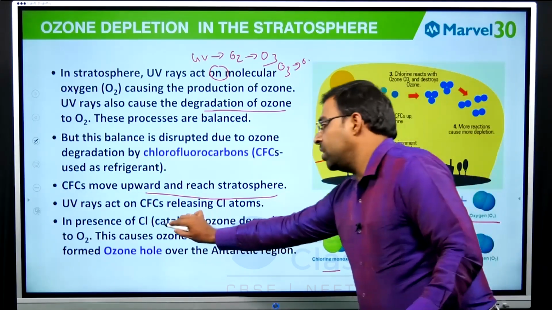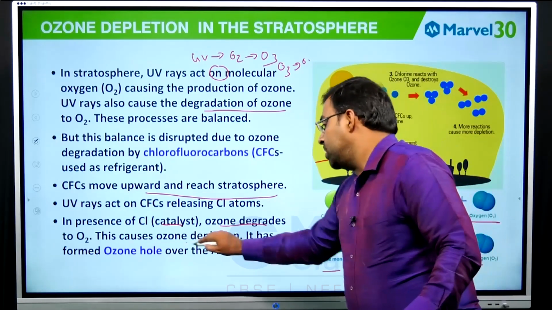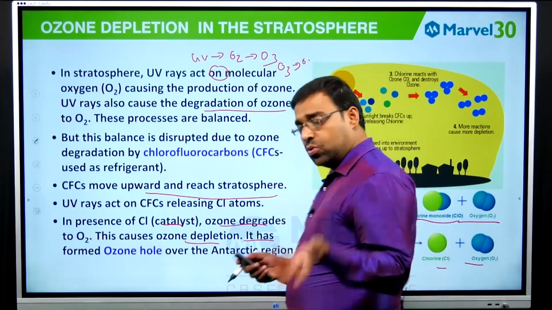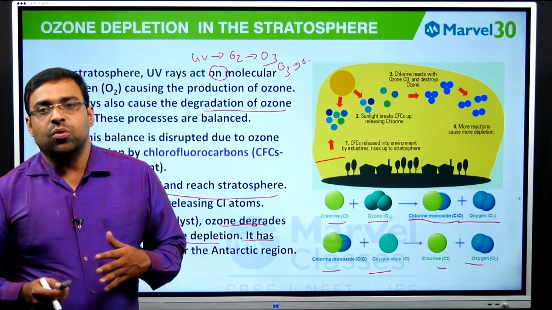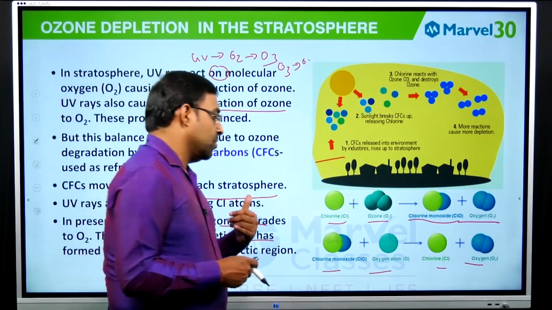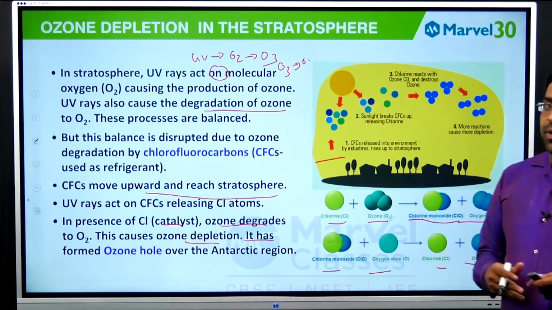In the presence of chlorine catalyst, ozone degrades to O2. This causes ozone depletion. It has formed an ozone hole over the Antarctic region. It has created an ozone hole actually. So CFC releases chlorine atoms, and in the presence of chlorine, ozone degrades to O2, and it forms ozone depletion.